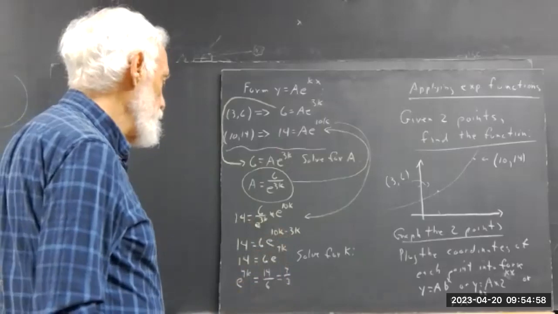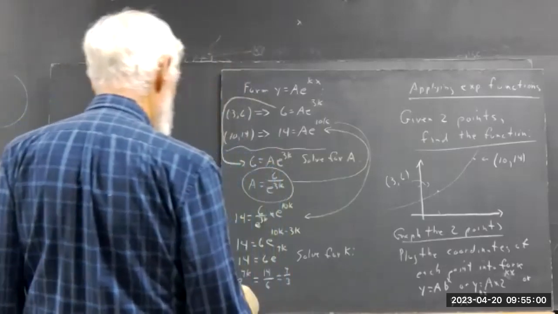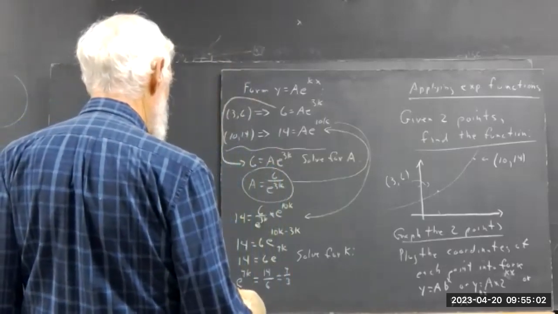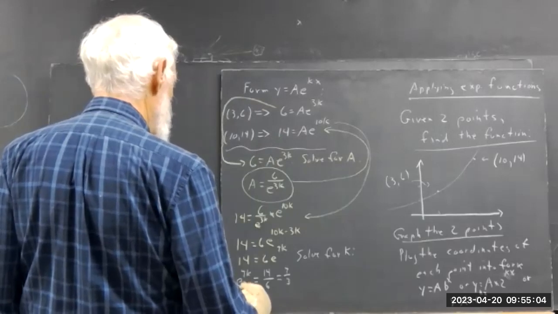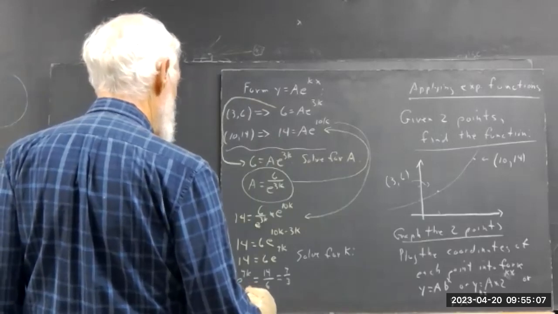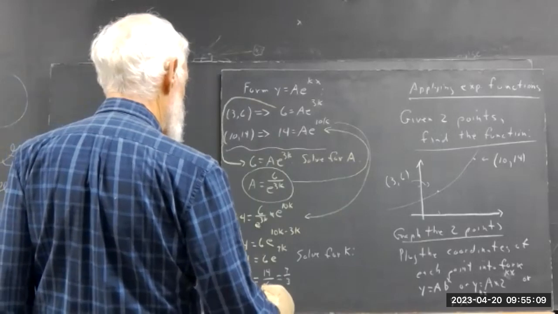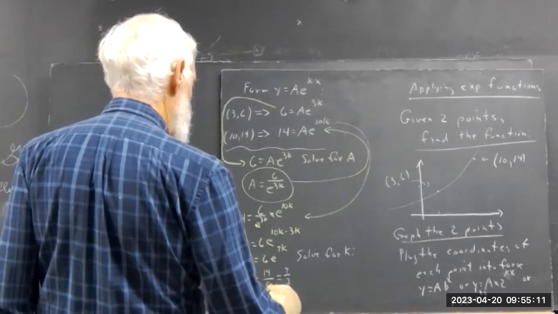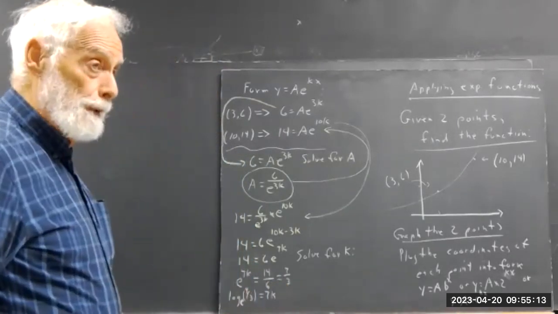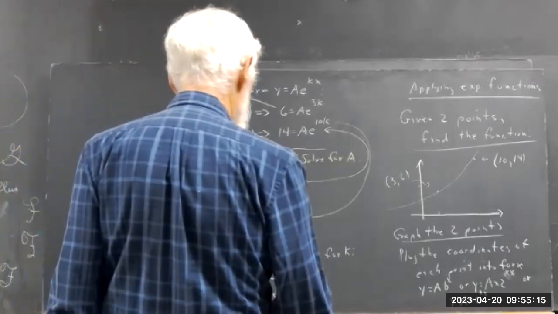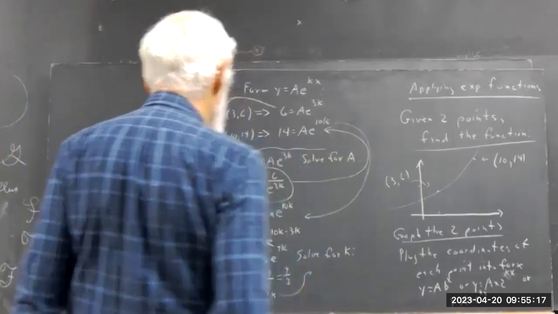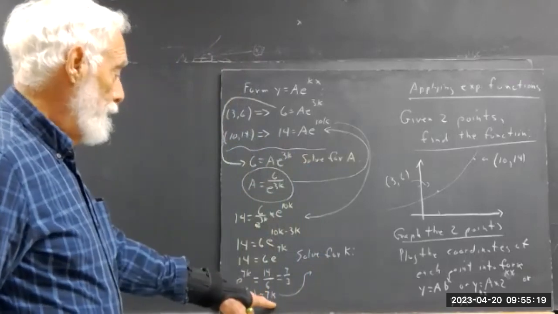Now, if e to the 7k equals 7/3, then the log base e of 7/3 equals 7k. And now we can find k.